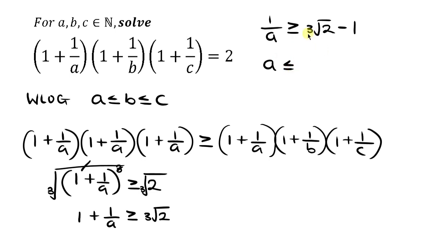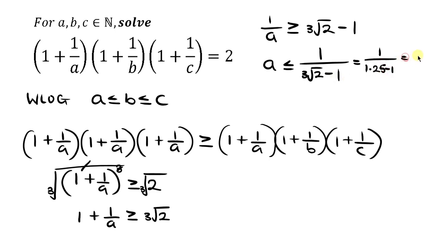So the inverse of cube root of 2 minus 1 gives 1 all over the cube root of 2 minus 1. So this expression can be simplified into 1 all over the cube root of 2, which is 1.25, minus 1.